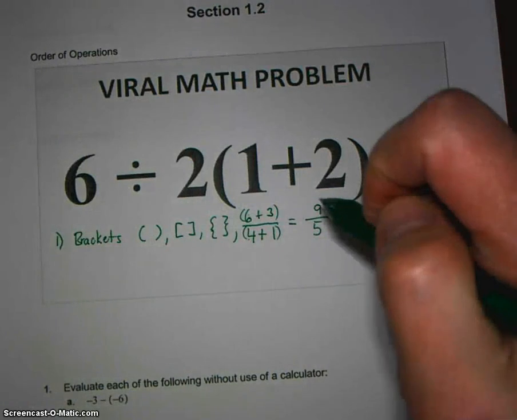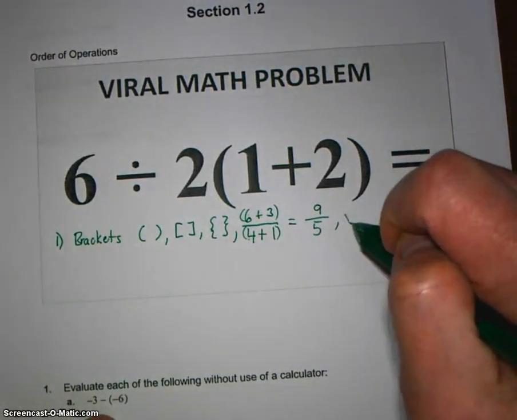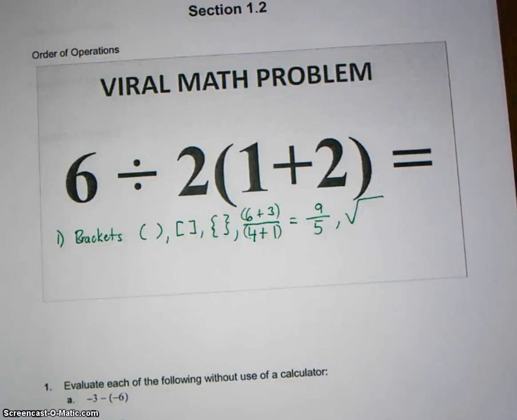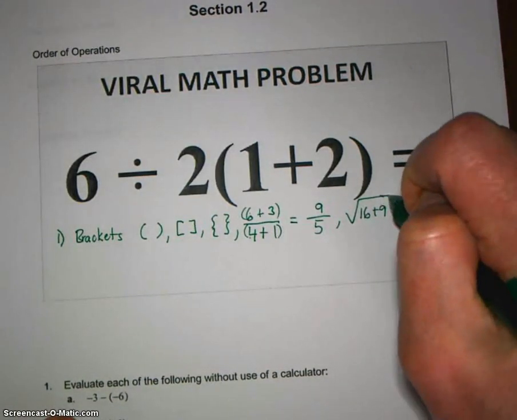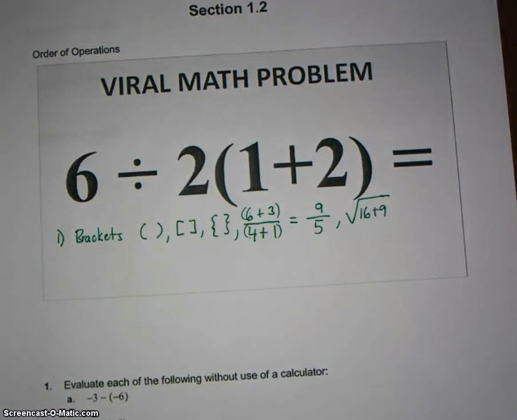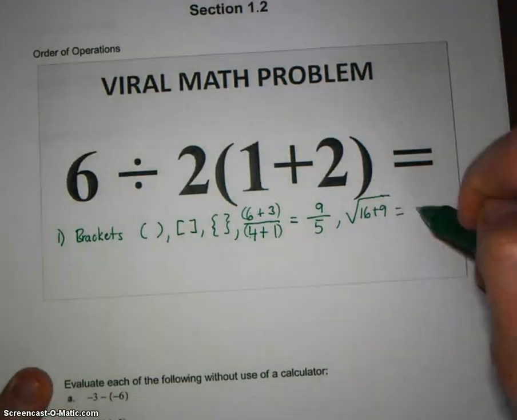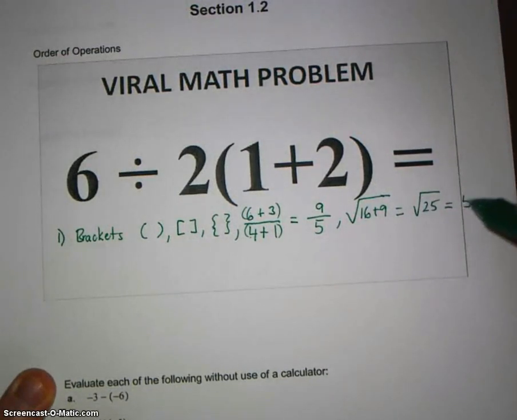And another one that students don't think about as a form of parenthesis is that symbol, square root. If I give you square root of 16 plus 9, square root is a parenthesis. You have to add those together first. 16 plus 9 is 25, and then you can do square root.